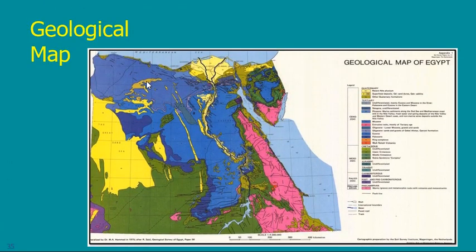You have a map for the whole world, you have a map for Egypt, you have a map for Cairo, you may have a map for specific areas, which will be more detailed. So if I want to go to a site, I will bring the map with the best details and use it.